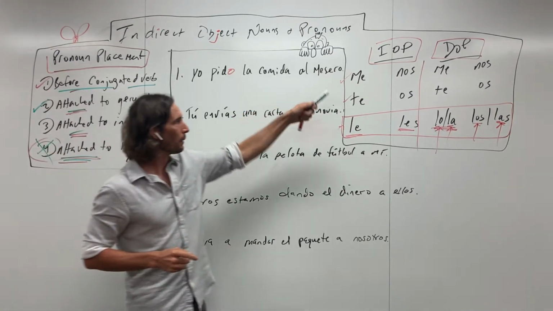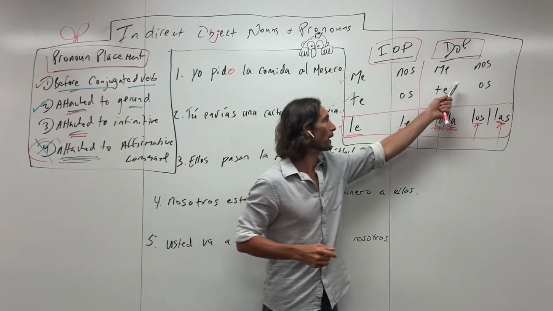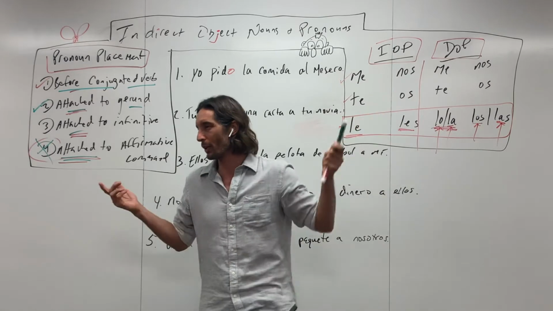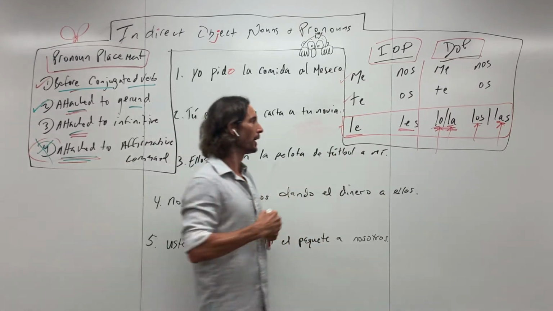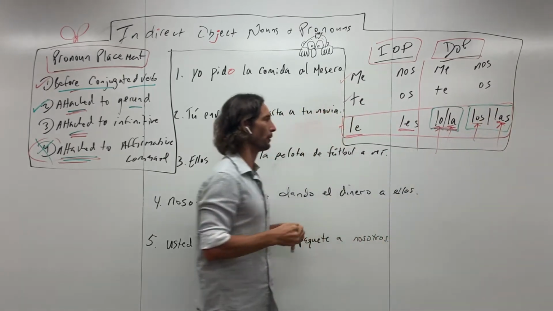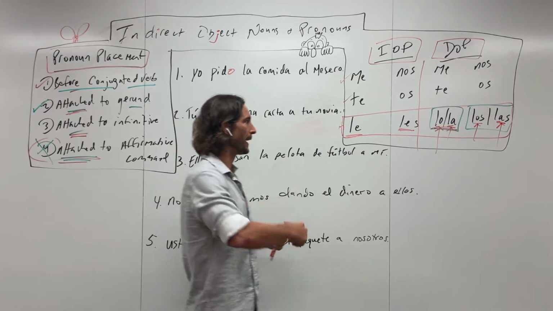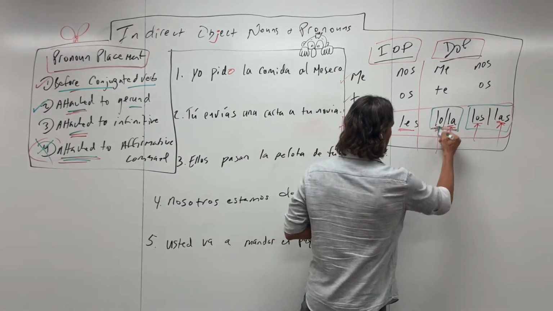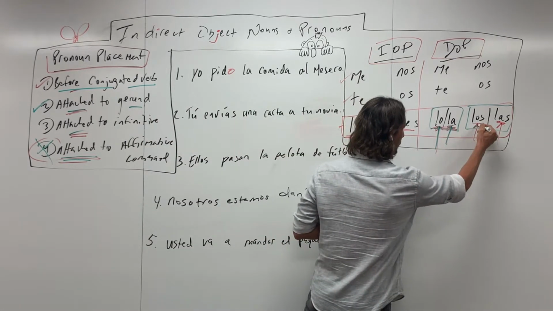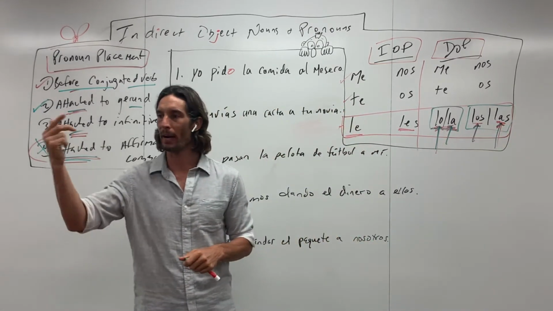And so I want to bring your attention over here to the pronouns themselves. Again, we've already gone over the direct object pronouns, so you're very well aware of them. And of course, the third person for the direct object pronouns, which is going to be different from the indirect object pronouns, is concerned with number and gender.